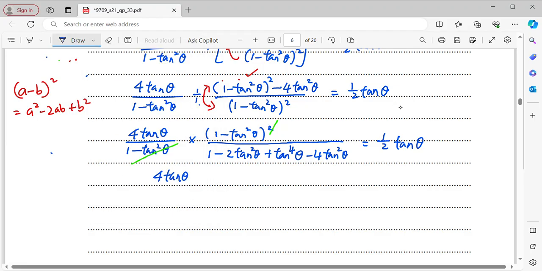So 4 tangent theta multiply with 1 minus tangent squared theta over, okay, when you simplify, you will be getting tangent to the power 4 theta, minus 2 tangent squared minus 4 tangent squared, it will be negative 6 tangent squared theta, then plus 1. And the right hand side, you have the tangent theta. So now the tangent theta will be cancelled off.